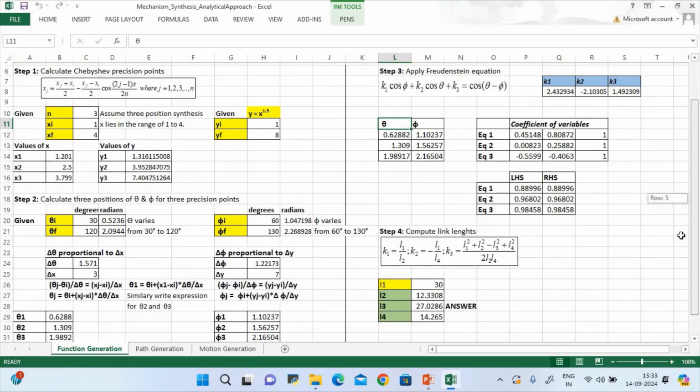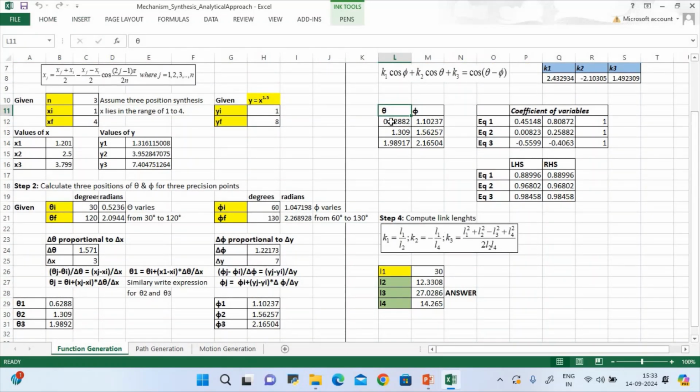You can see here that I have simply taken theta 1 equal to this B29 cell, then theta 2 equal to this cell, and then theta 3 equal to this cell. The same thing I have repeated for phi 1, phi 2 and phi 3.